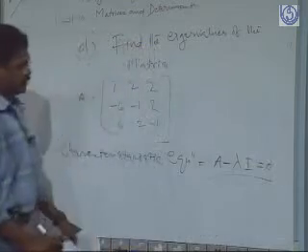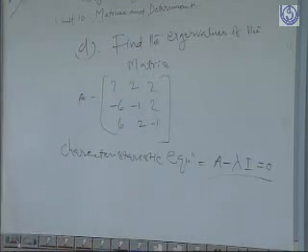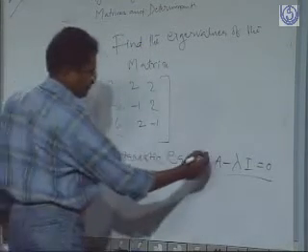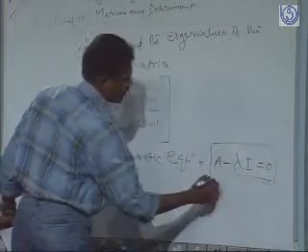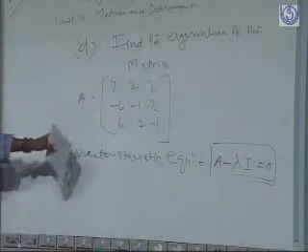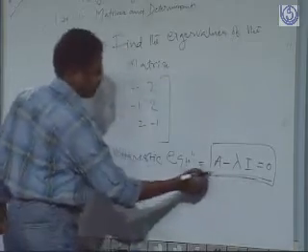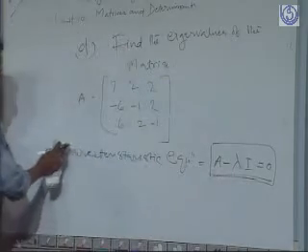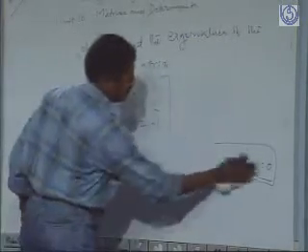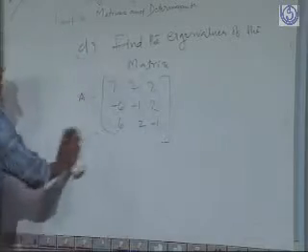This is the equation to find the eigenvalues. If a student doesn't know this equation, he will not be able to find the eigenvalues, so he must remember this formula.